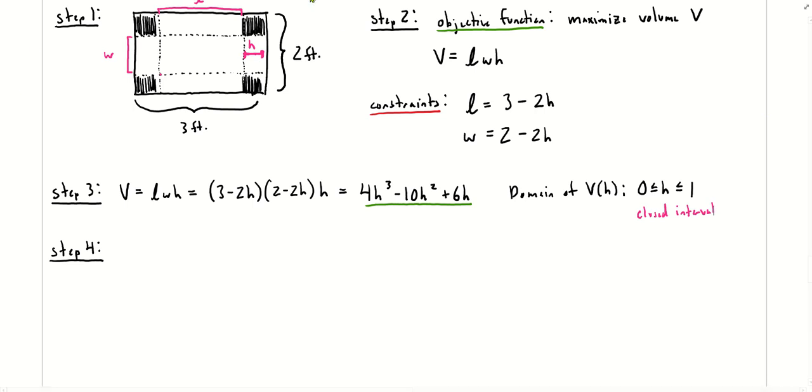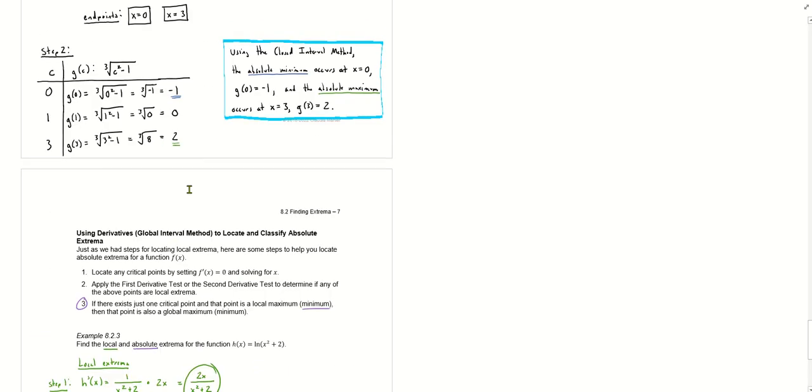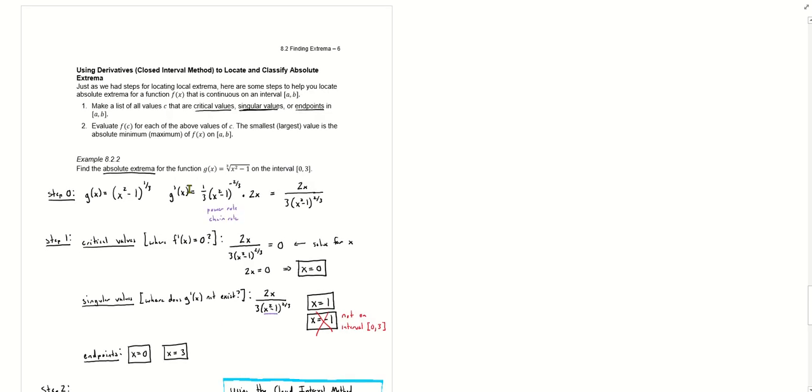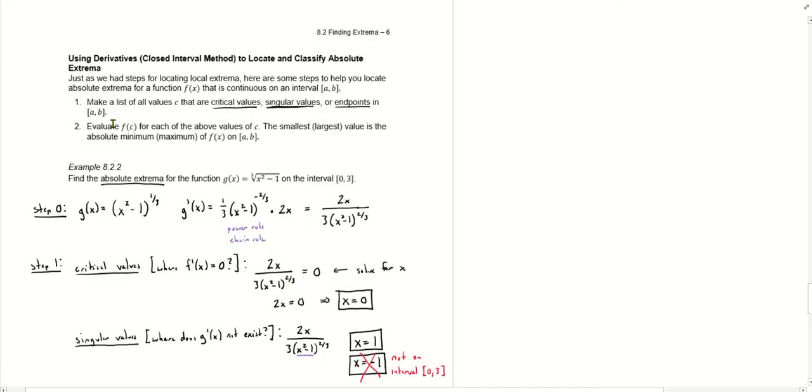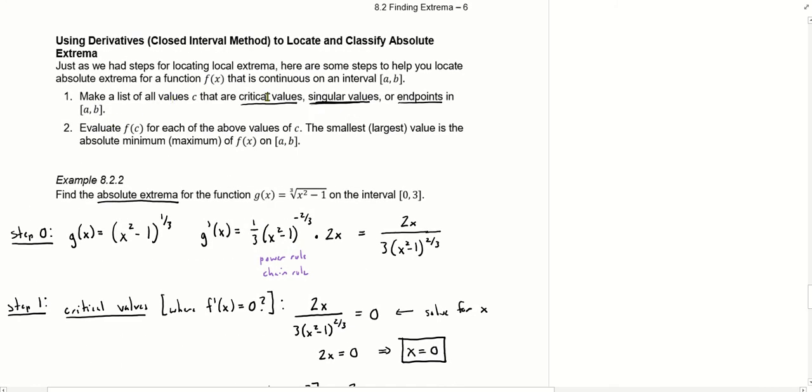If I go back here to topic 8, the closed interval method here on page 6 is where we list all critical values, singular values, and endpoints. And then we just figure out which of these values gives us the largest value of our function. That gives us the global or absolute maximum.